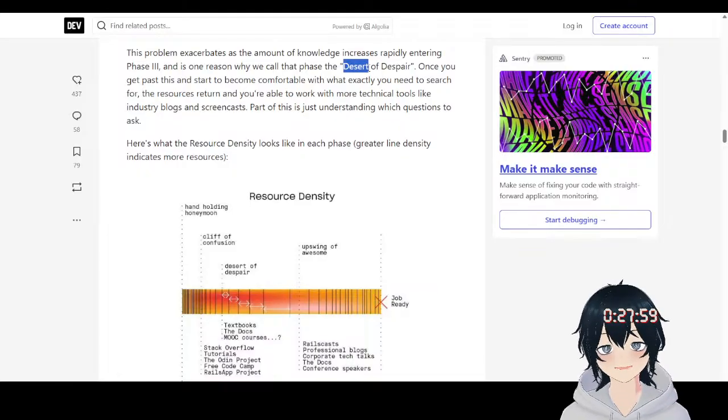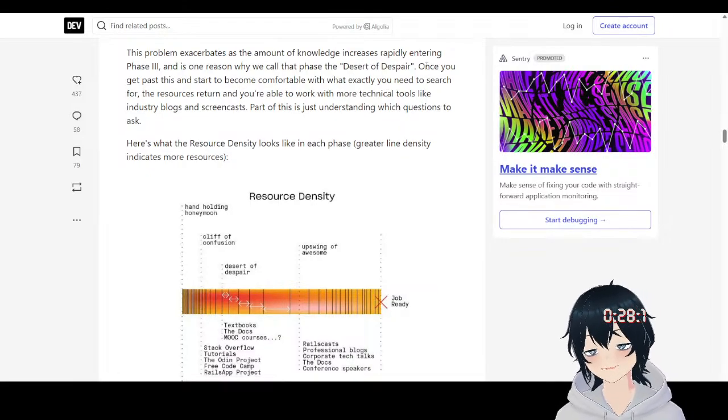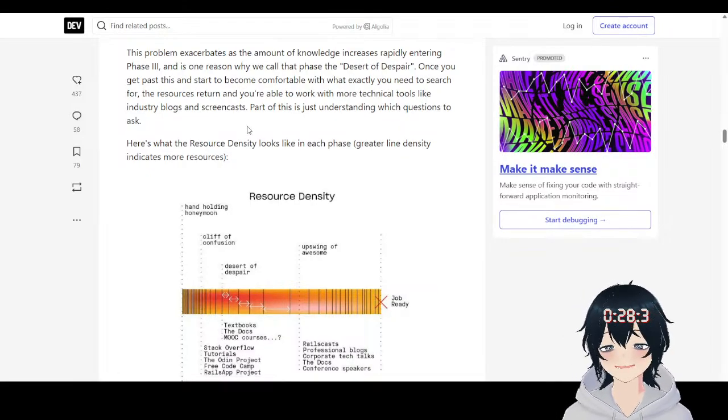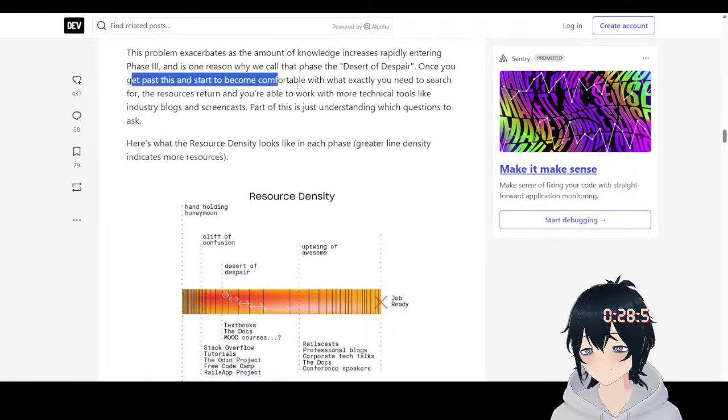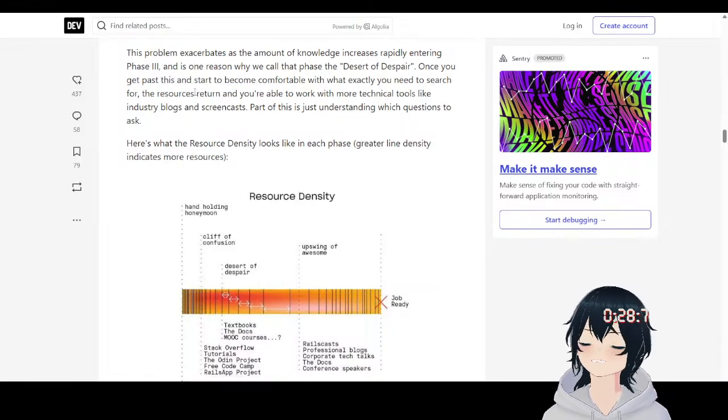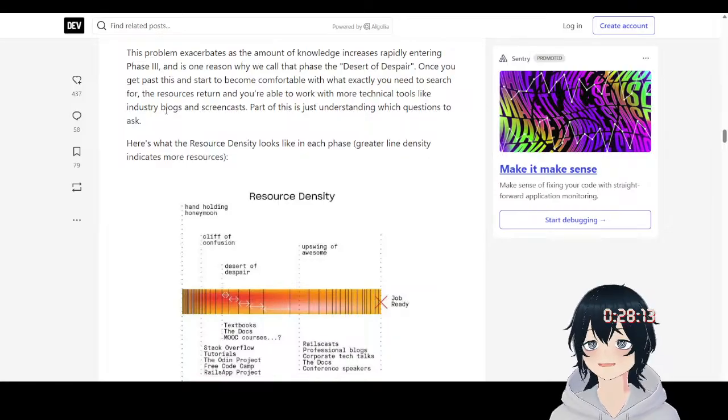Oh, desert means lack of resources. Goodness. I thought it's the shape. Oh, with more technicals like industrial, this one.